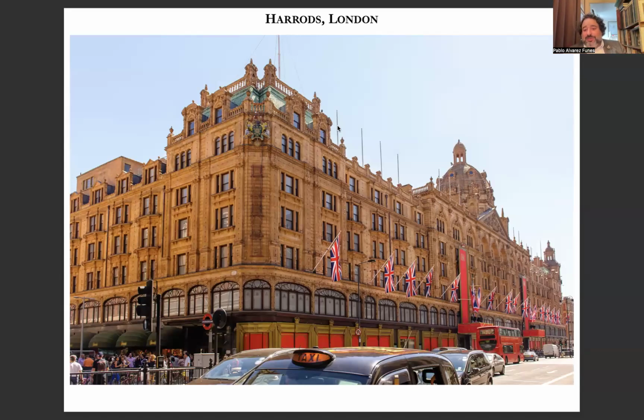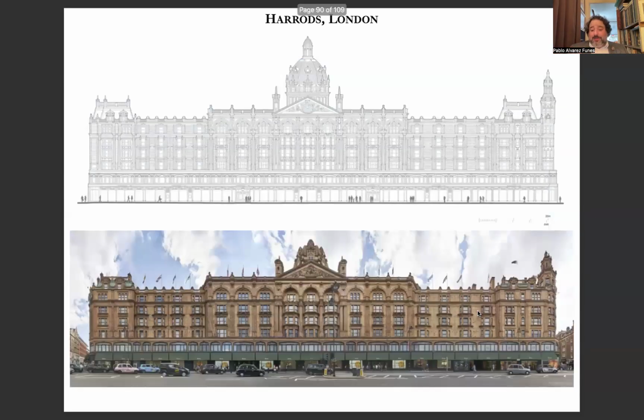And what I want you to see here, the facade, there is nothing simple here. Everything has been done to enhance the importance of the building. So we're talking here about a palace of commerce rather than just a department store. And we see all the symbols and signs of palatial architecture everywhere, excepting the massive gallery at first floor level, and obviously the amount of openings at ground level. You can see them in a better way here.